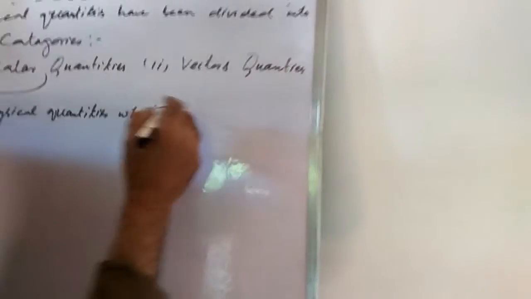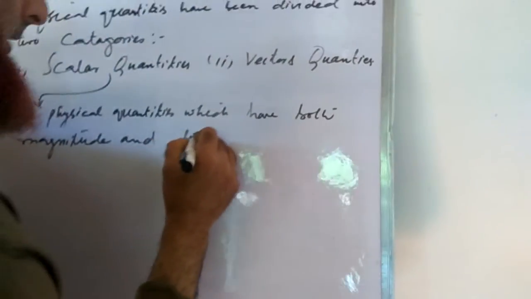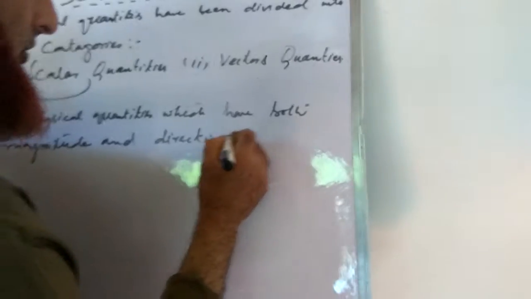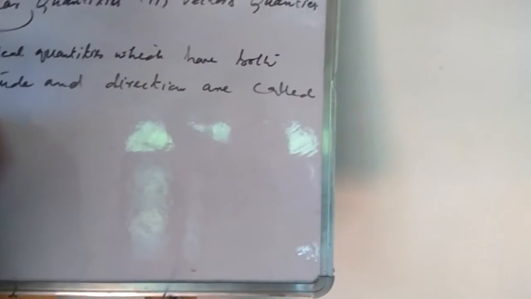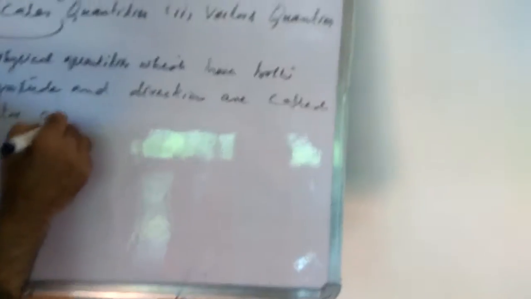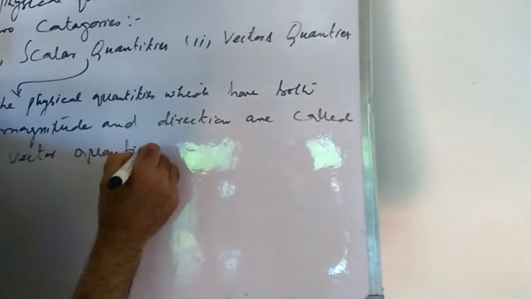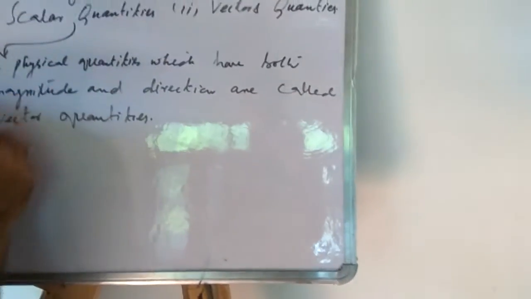The quantities which have both magnitude and direction are called vector quantities.